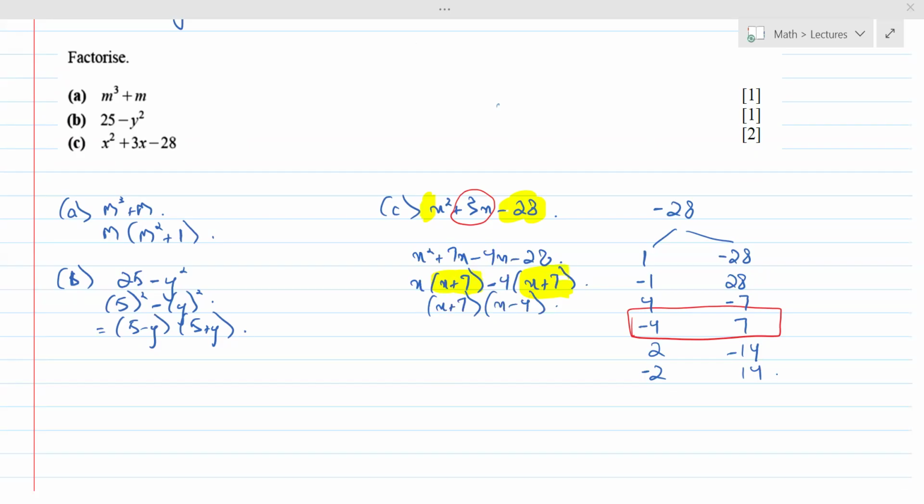Let's pick up one more question about factorization.